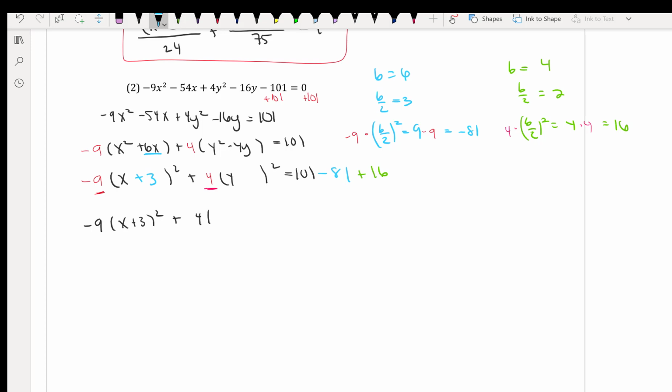Oops, I forgot to write my b down. That was going to be a negative 2. So I have 4 times (y minus 2) squared is equal to, and I'm going to add all those numbers together. So 101 minus 81 plus 16. That's equal to a positive 36. So I'm going to divide everything by 36.